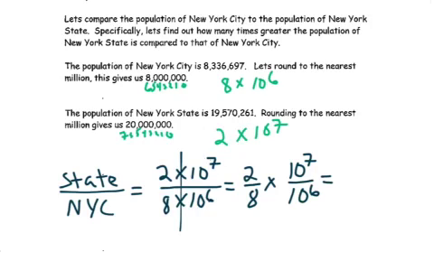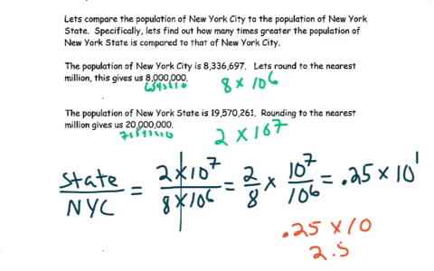So now, 2 divided by 8, which is 1/4, is just 0.25, times, do your subtraction, 7 minus 6 is 10 to the 1st, or just 10. Another way of writing that is 0.25 times 10, and if you need a calculator, that is 2.5. So the state population is 2.5 times larger than New York City's population.